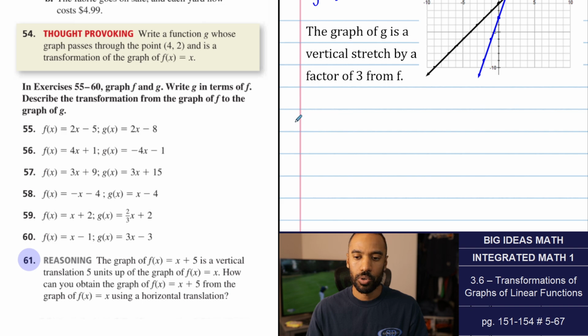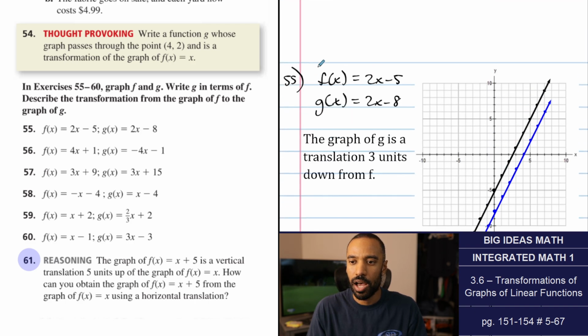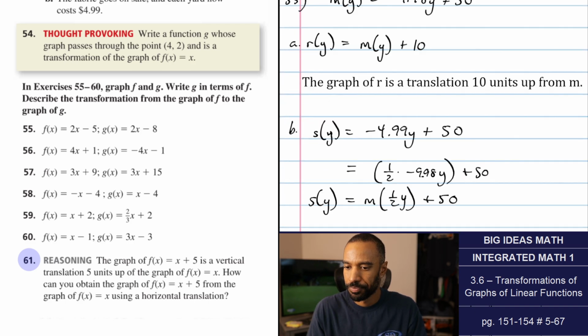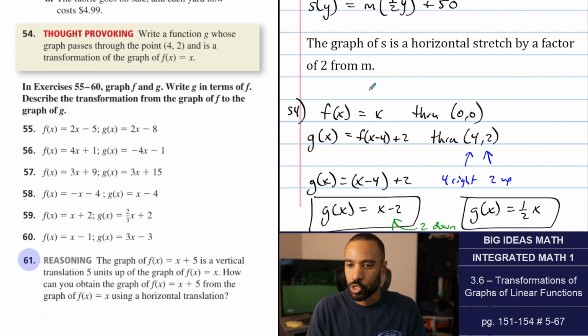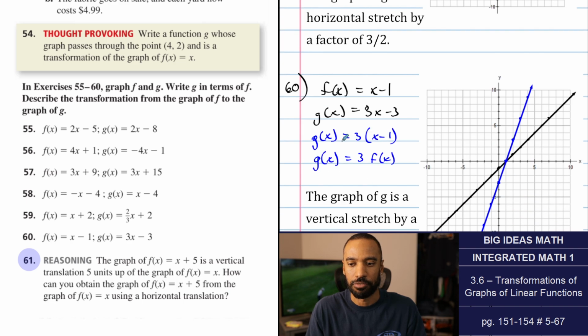Before I get to the problem, we kind of saw on this one, it was like an open-ended question. We had to go through 4, 2. I said, let's go 4 right, 2 up. And boom, apparently that was the same thing as going 2 units down. And that's the weird thing about these graphs, right?